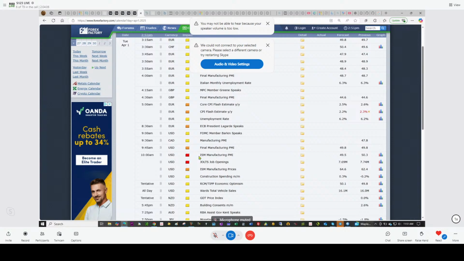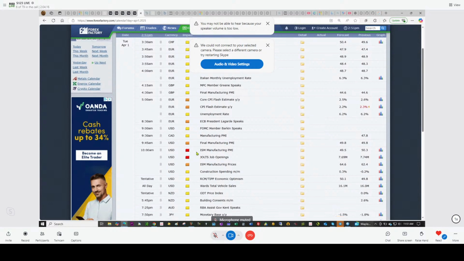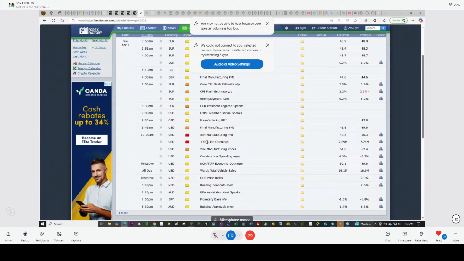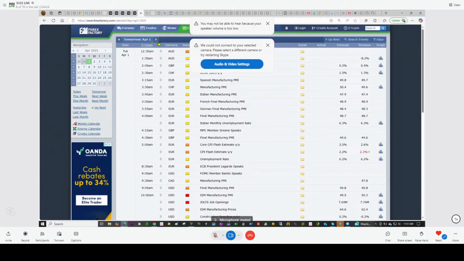Some red news tomorrow morning at 10 o'clock. Okay, so not 8:30, but 10. It's JOLTS job openings and the ISM manufacturing PMI. Okay, so that should be interesting.